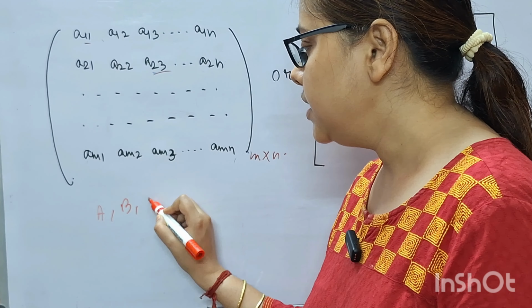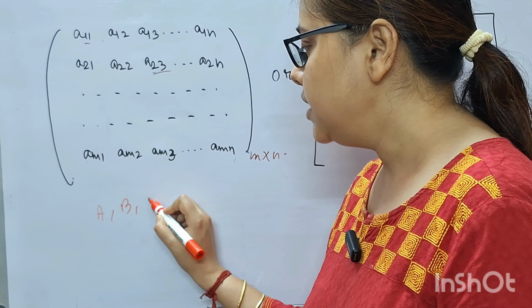Two matrices A and B are conformable for matrix multiplication if the number of columns of A is equal to the number of rows in B. Suppose A is a matrix of order m by n and B is a matrix of order n by p.